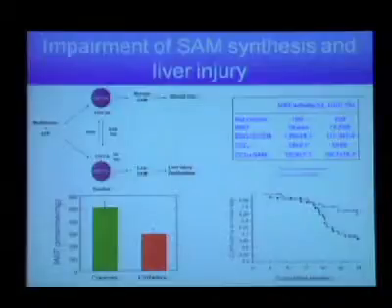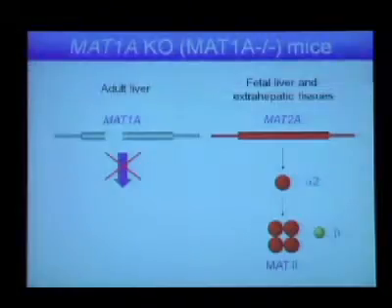But in order to demonstrate that, we obtained a knockout model, mice, where we were able to knock out the expression of MAT1A. However, the expression of the gene MAT2A is perfectly normal, was not affected, meaning that all the embryogenesis, the liver would be with no alteration, the synthesis of SAM would be ensured by the expression of the gene MAT2A, and also the S-adenosylmethionine supply in extrahepatic tissues would be normal.